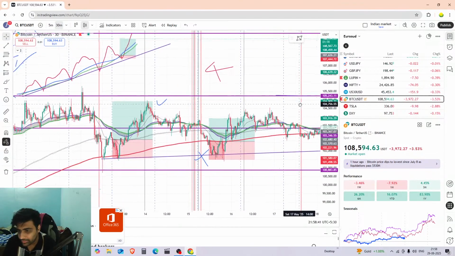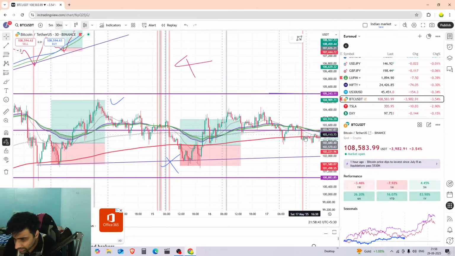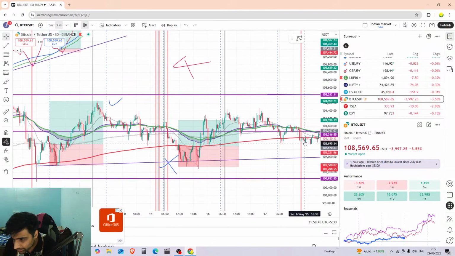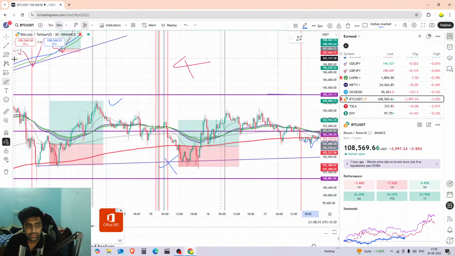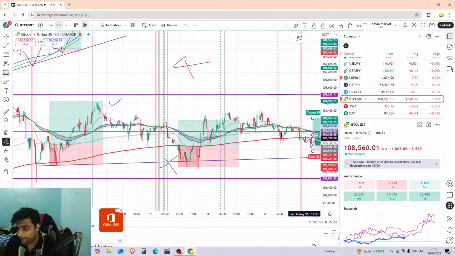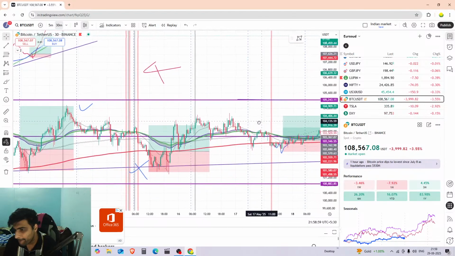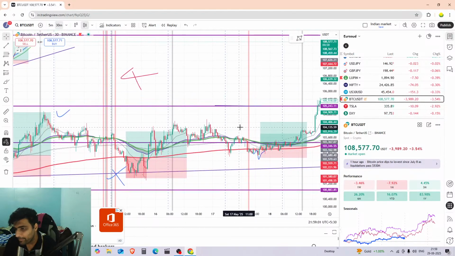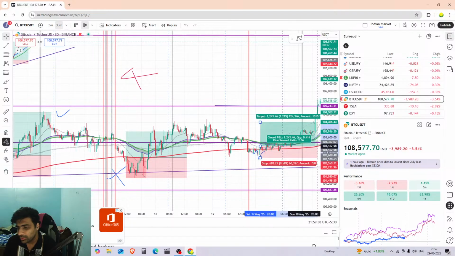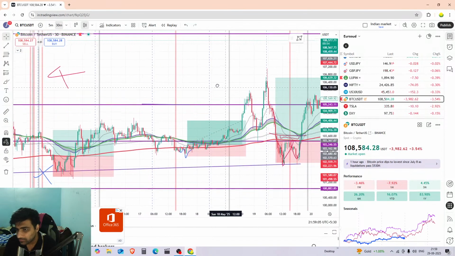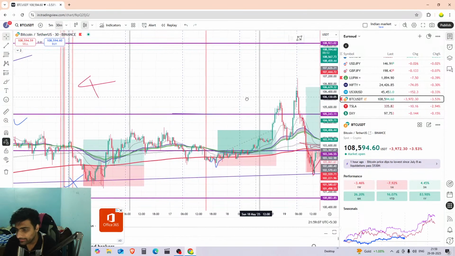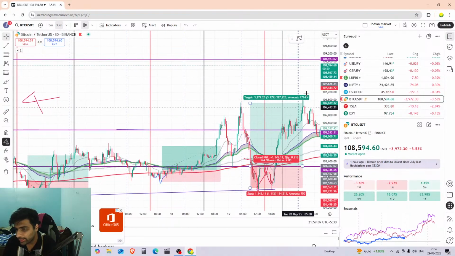Even here, if you see very clearly, you will notice that there was a double bottom right here. Okay, and you can go long here. Boom. Okay, again, back.